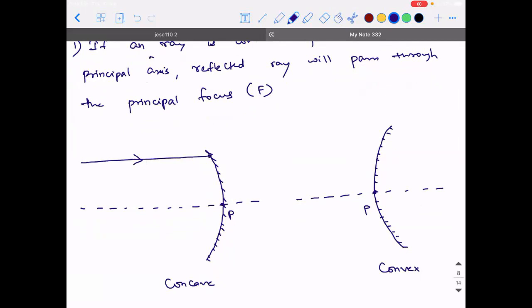It's called the point of incidence, right? So if the center of curvature is here, what will happen? We need to draw a normal. So when you draw the normal, what is this angle called? Angle of incidence. Very good.